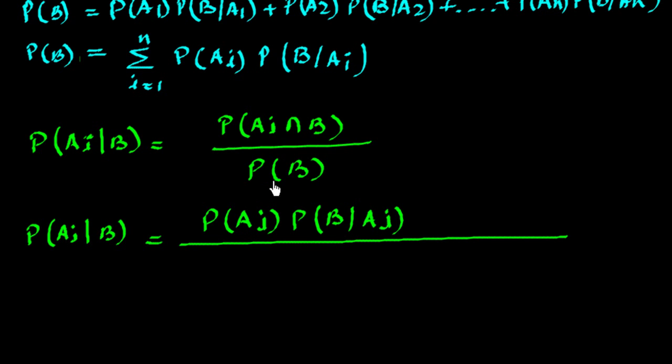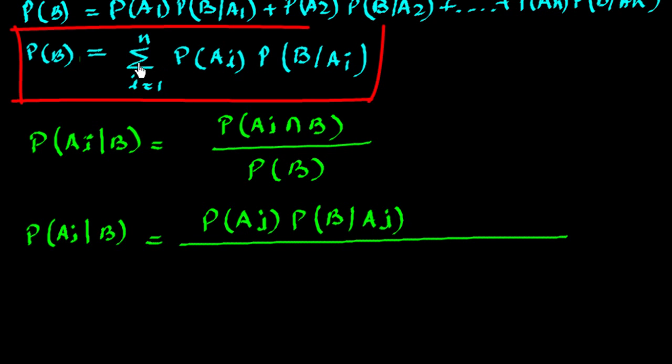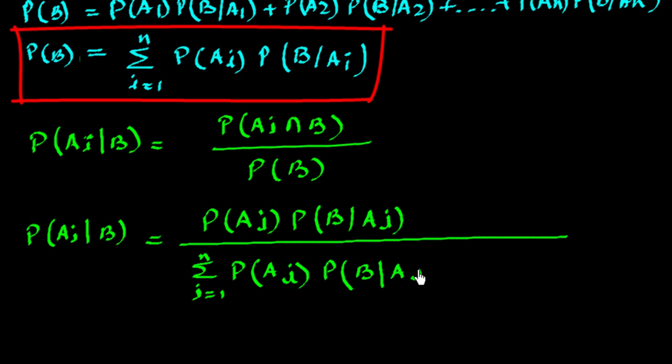In the denominator, P of B, we know that it is the summation of all this. So we could write it in this way: summation of i equal to 1 up to n of probability of Ai and probability of B given Ai.